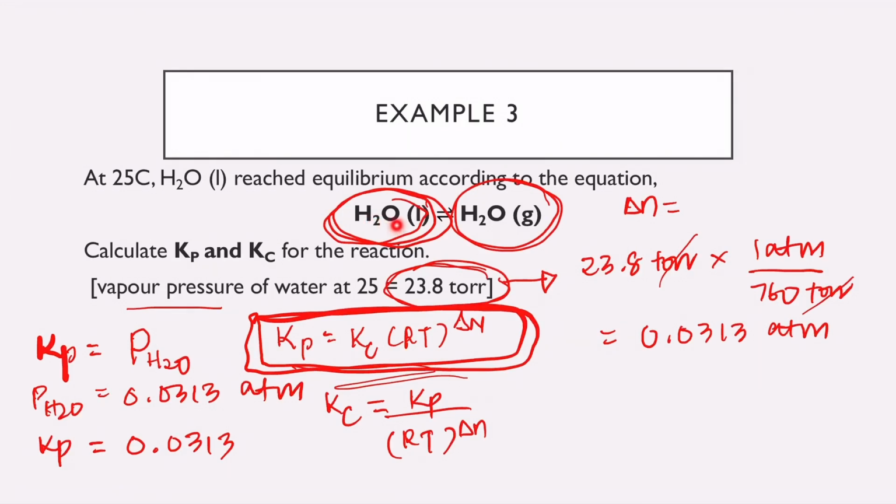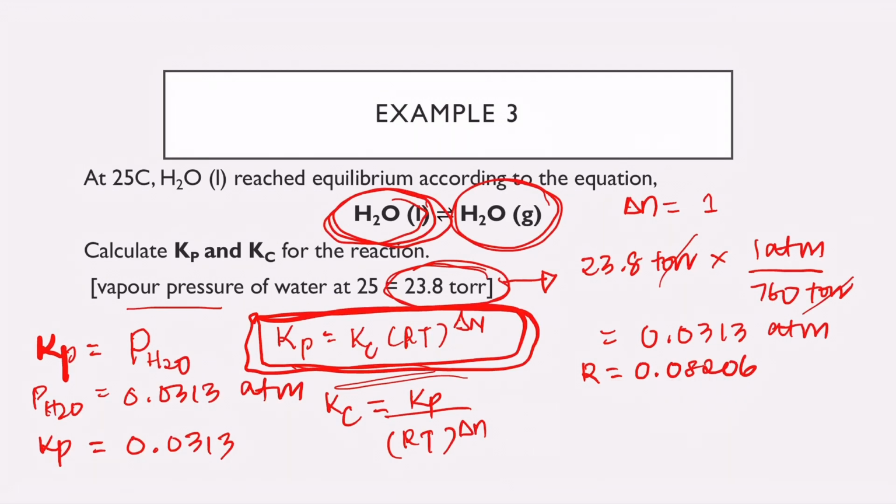As if it isn't there, so your delta N is just 1. What R should we use? R is 0.08206. Why? Because earlier you changed your pressure into atm, so if your pressure is in atm, the R you use is this one.